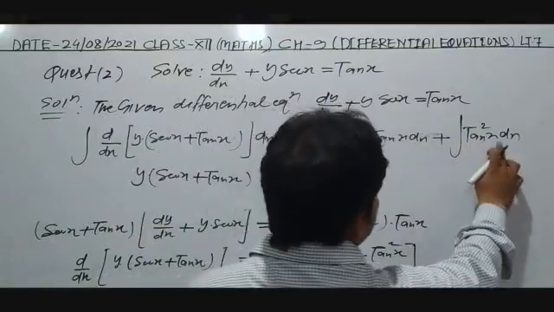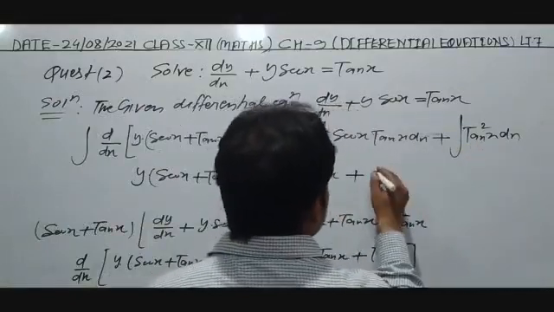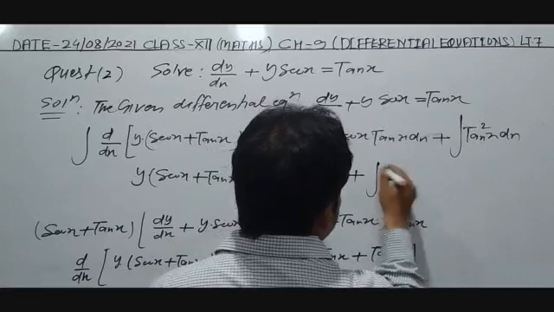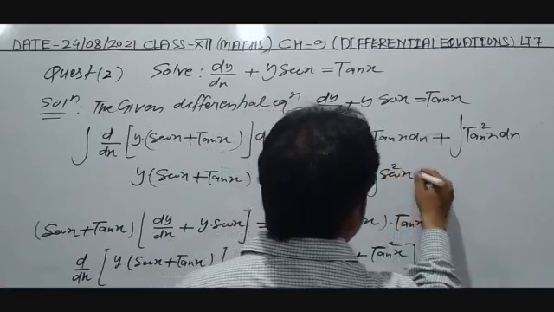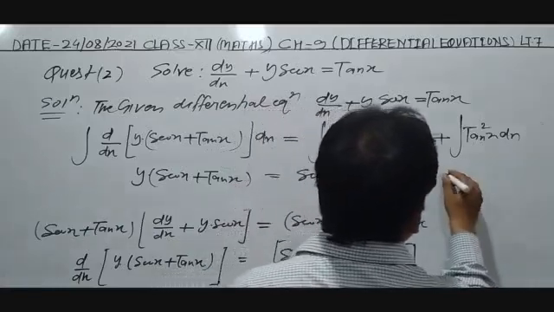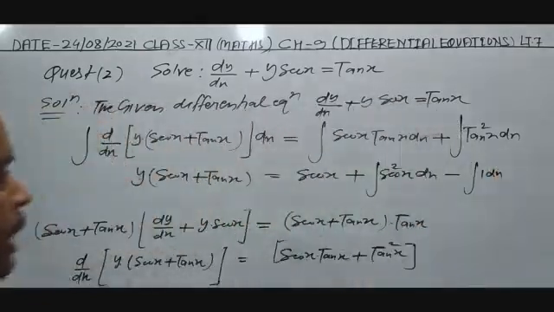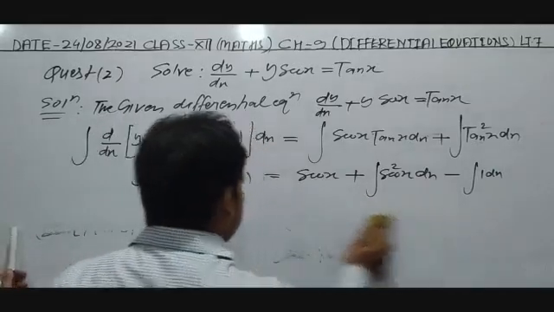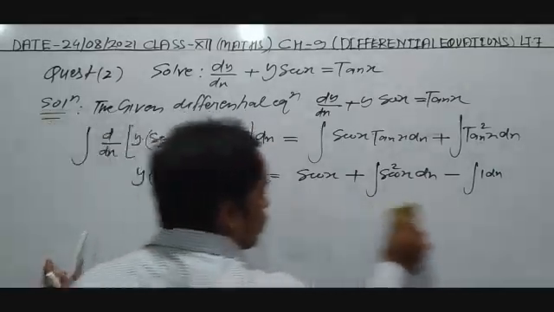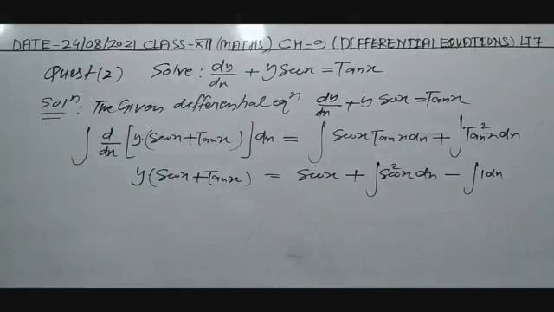So tan square x is sec square x minus 1, so integration of sec square x dx and minus 1 dx. This single integral we can split into two integrals. So 1 dx result is x.